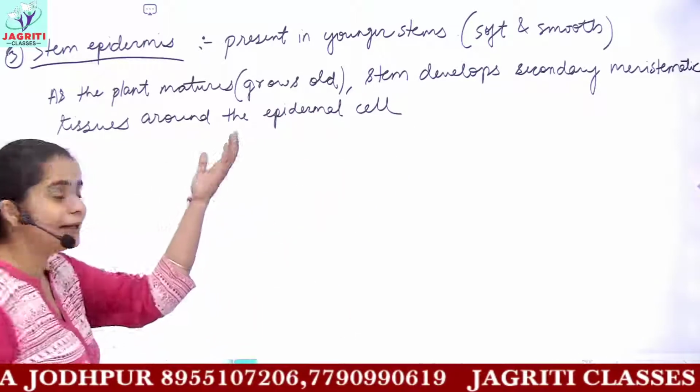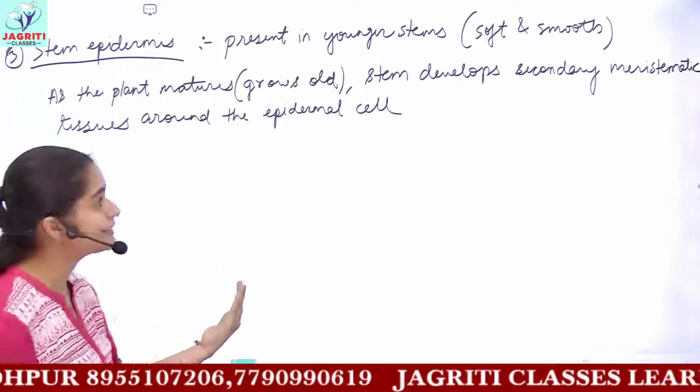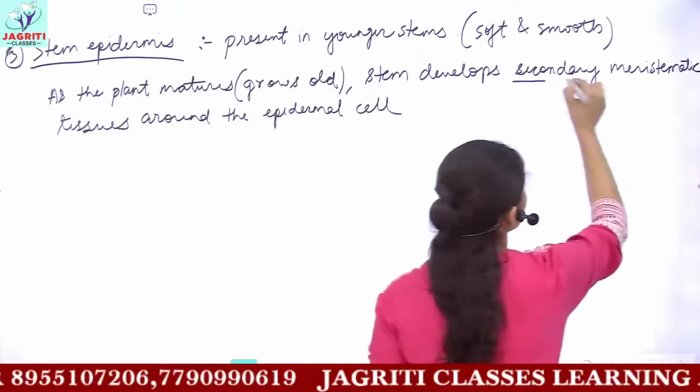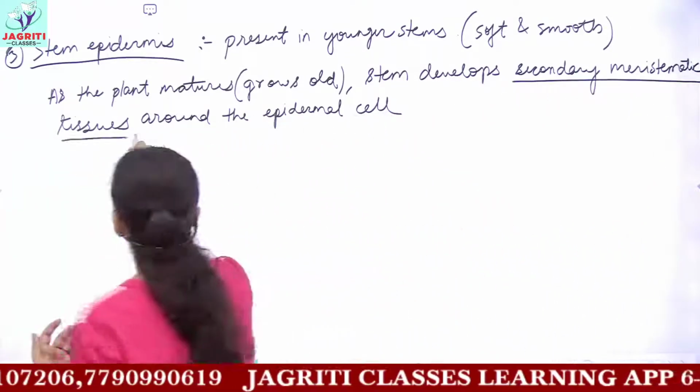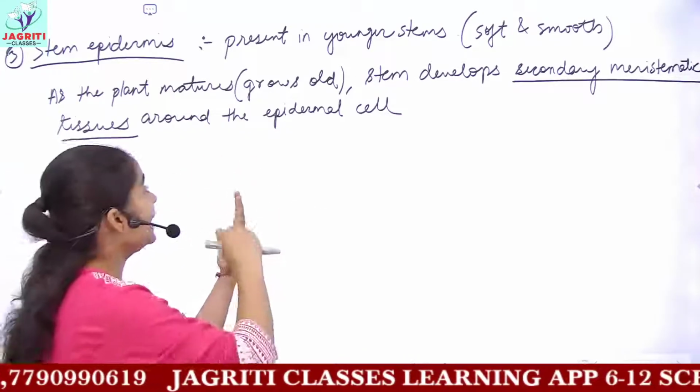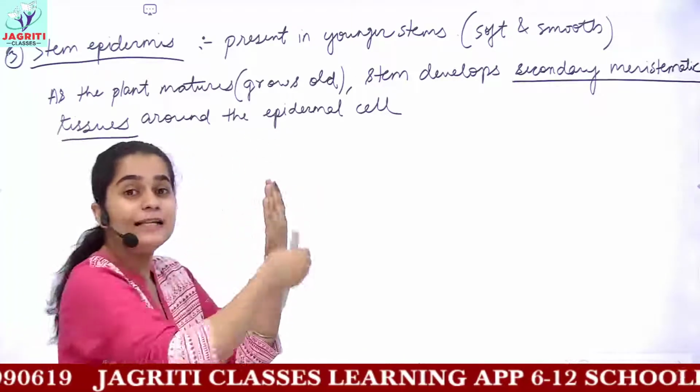Okay, around the epidermis which was originally present, a new tissue called secondary meristematic tissue gets developed at the outer surface of these epidermal cells.